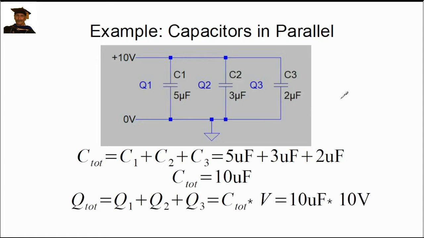Because we have 10 volts on this circuit, Q1 plus Q2 plus Q3 is equal to the total capacitance times the voltage, which is 10 microfarads times 10 volts, and that gives us 100 microcoulombs.